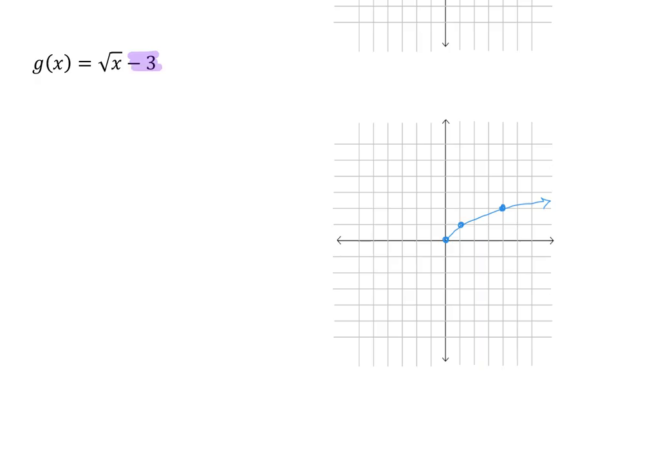My square root ends right after the x. And so this is a vertical shift. Because it is negative, we are going to go down 3. I want to take all of my points and move them down 3.